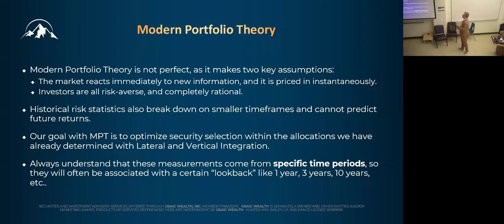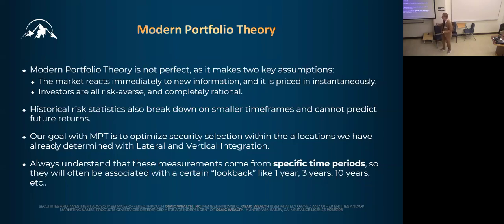So modern portfolio theory isn't perfect because it makes two assumptions. One, it assumes that the market reacts immediately to new information and it's priced in instantaneously. I would say that's a pretty good argument for most large-cap, super hyper-popular stocks like Nvidia and Microsoft. Even stuff that hasn't happened that people think is going to happen gets priced in, right?